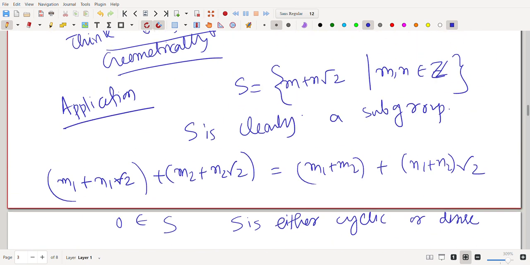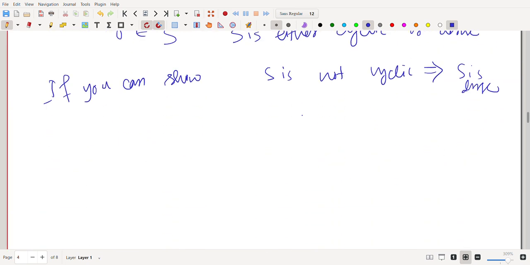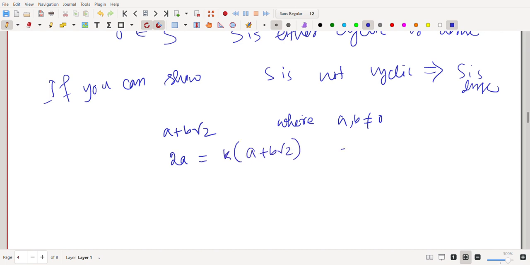That is kind of obvious. Why is it obvious? Say it is generated by some element. The element looks like a plus b root 2, where a and b are both non-zero. Is it possible to generate 2a? Because 2a must be k times a plus b root 2.